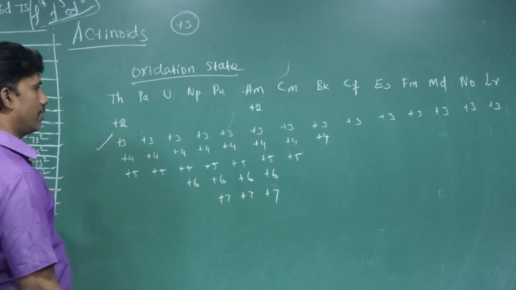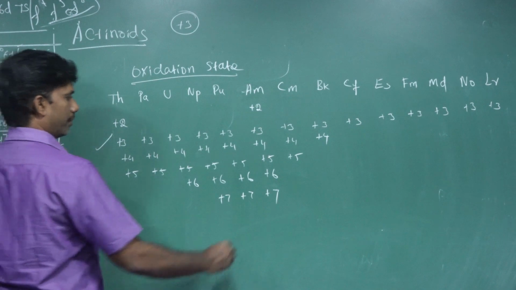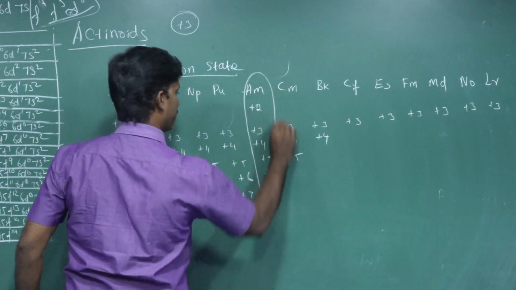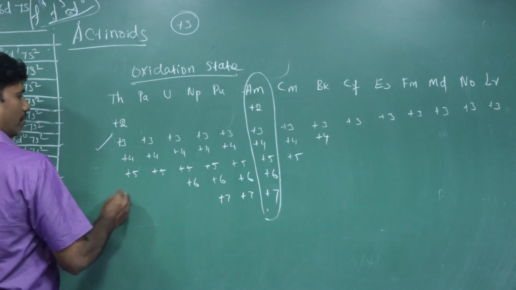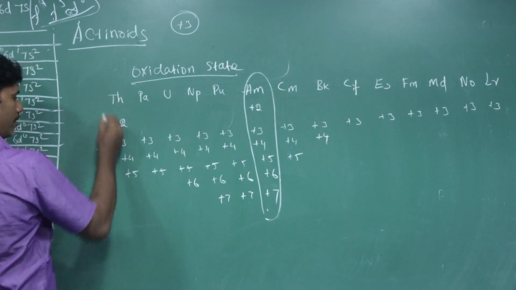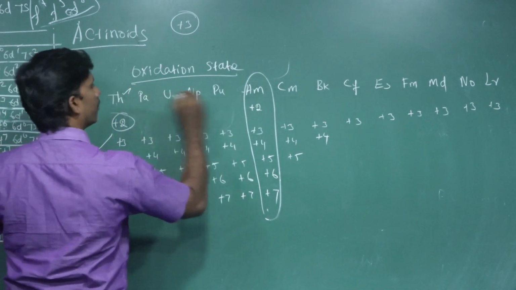So all the oxidation states of the f-block elements, +2 to +7, are shown by americium. You can easily recall that +2 is shown only by thorium and americium.